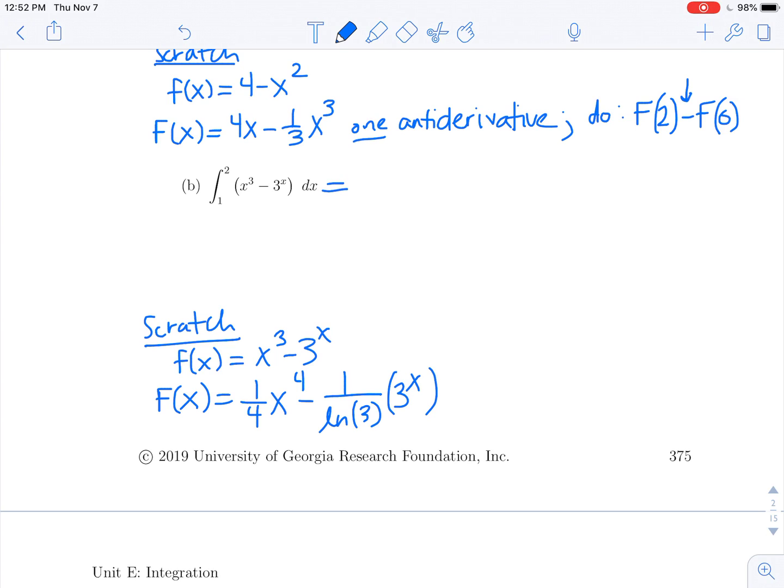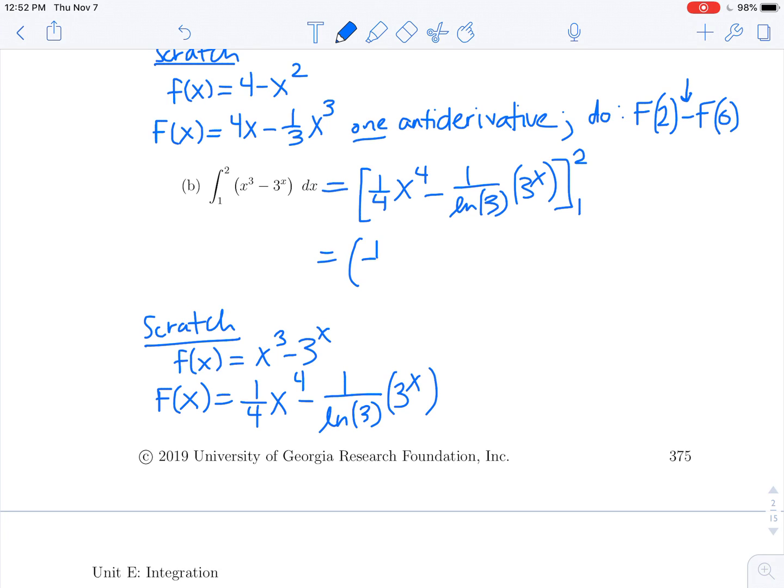All right, so we've found one antiderivative. So what we do is we write down 1/4 x to the 4th minus 1 over ln of 3 times 3 to the x, evaluated at 2 and at 1.